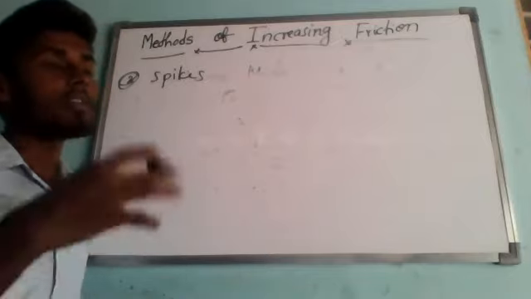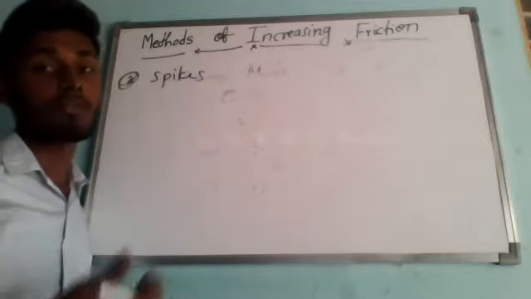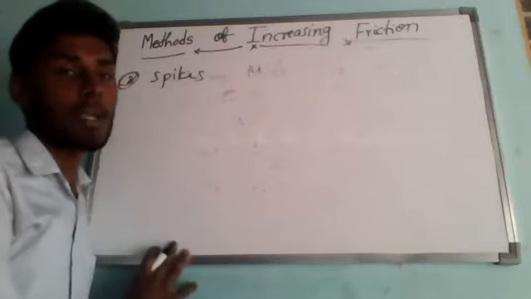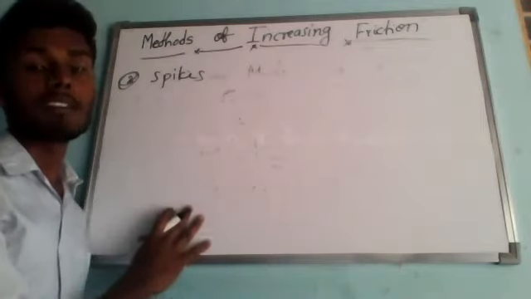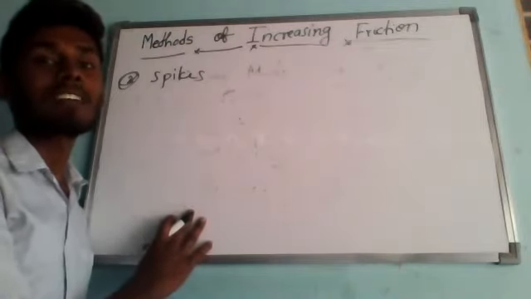Even the friction created by the grooves is not sufficient, so they use this extra fitting called spikes.